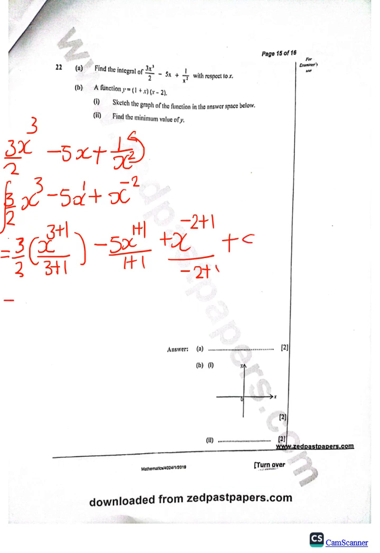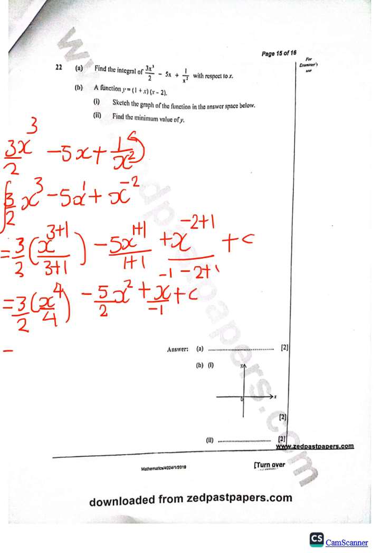So let's see how we can simplify this. 3 over 2, x raised to the power 3 plus 1 is x to the power 4 over 4, minus 5 over 1 plus 1, which is 2, x raised to the power 2, plus, here we have negative 2 plus 1, which is x raised to the power negative 1 over negative 1, plus c.